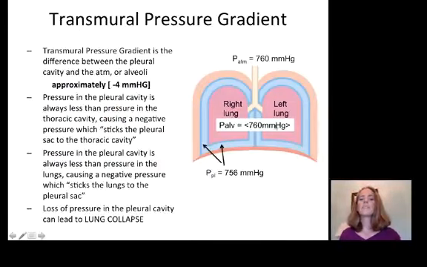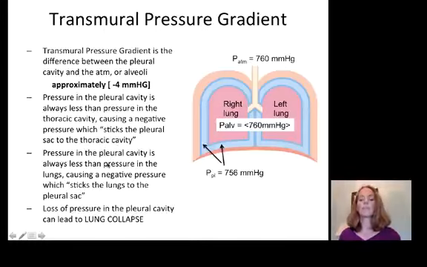Now we need to define this a bit more formally. So this difference between the alveoli and the pleural cavity and the atmosphere is approximately -4. This negative pressure makes sure that the lungs stick the pleural sac to the thoracic cavity.